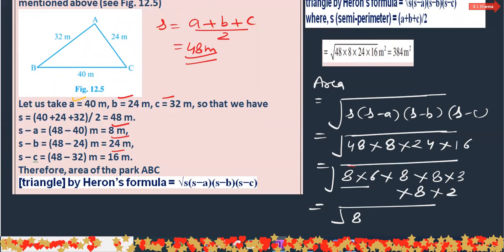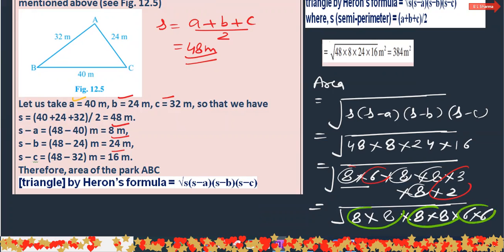I have to write separately: 8 into 8, this 8 into this 8. Then we can take this 6 and this 3 times 2, which is 6. So we can write 6 into 6. अब पेयर बनाइए, देखिए, that is one pair, that is one pair, and that is one pair.